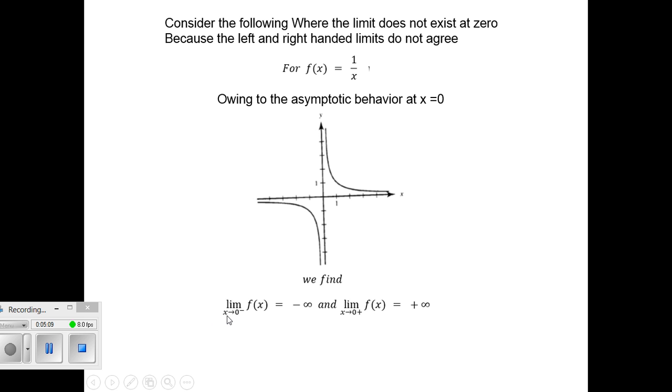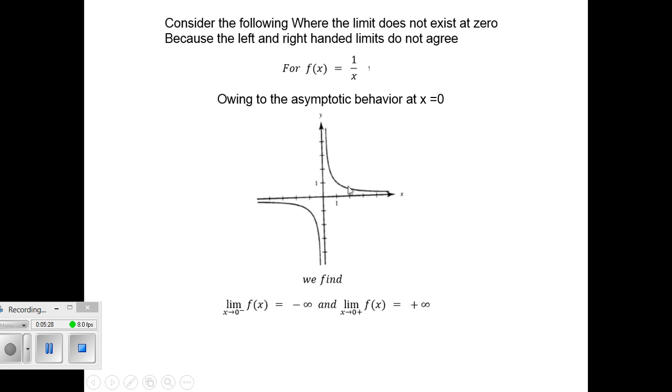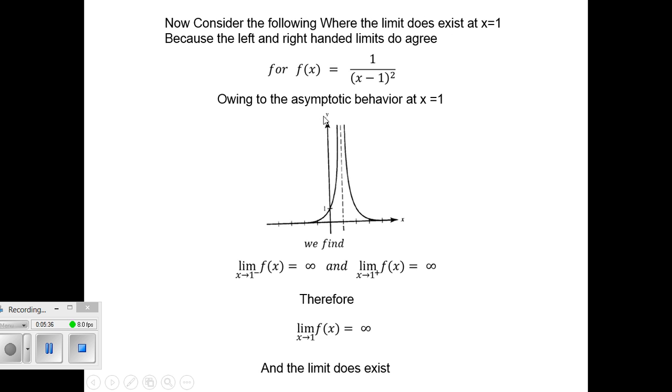What happens as we approach from the left side of 0, the negative values? We're riding along the curve, approaching negative infinity. As we approach 0 from the right side, we're in the positive sector, and we rise towards positive infinity.